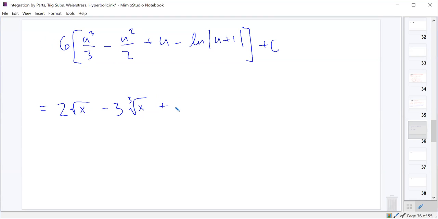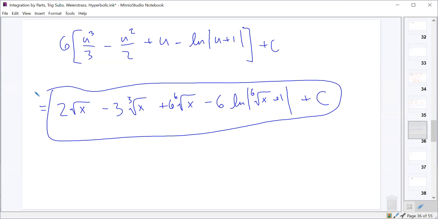And then plus x to the 1/6, so plus the 6th root of x. So 6 6th roots of x. And then minus 6 natural log absolute value of the 6th root of x plus 1 plus your constant. Good or no?